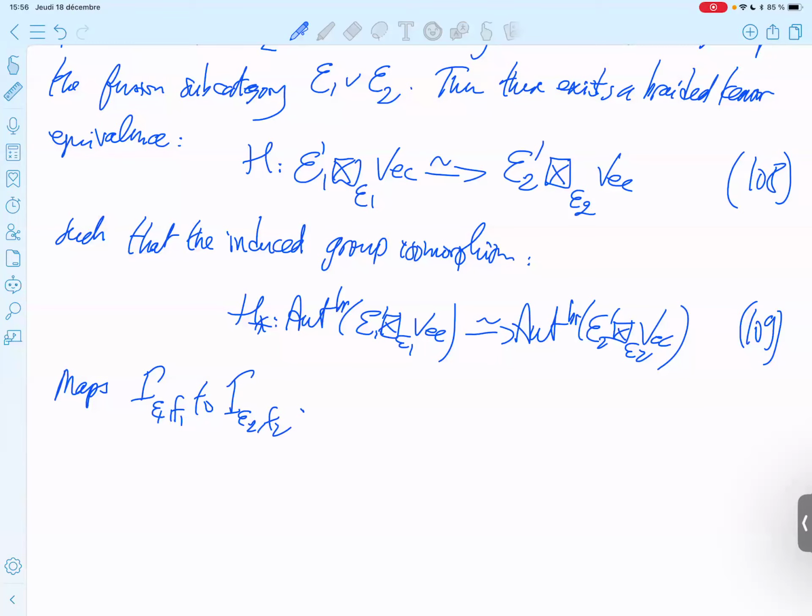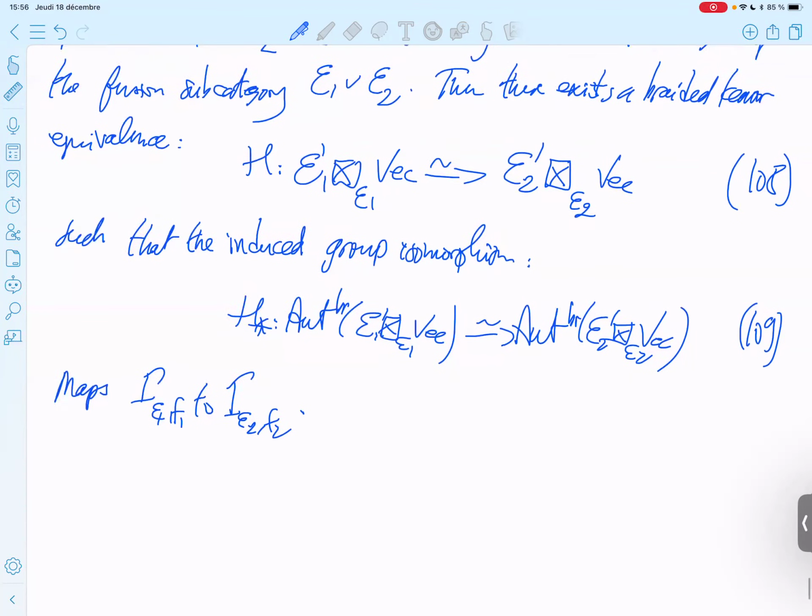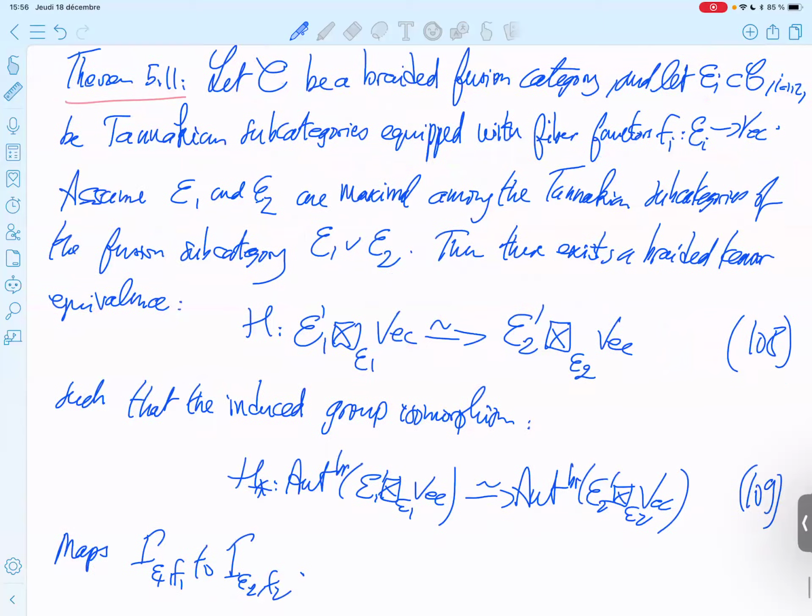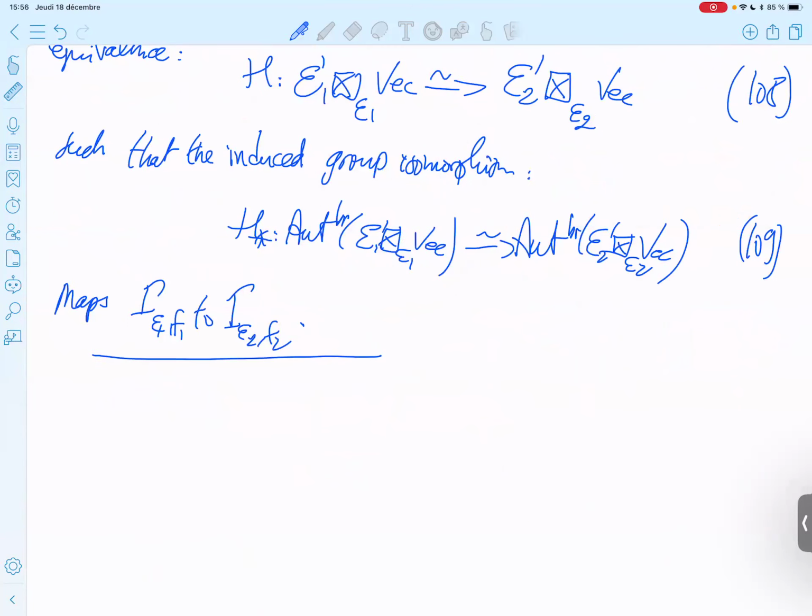Okay. So how? So this is the theorem. So now the proof. So the proof will be given as a discussion. In fact, there will be no formal proof.